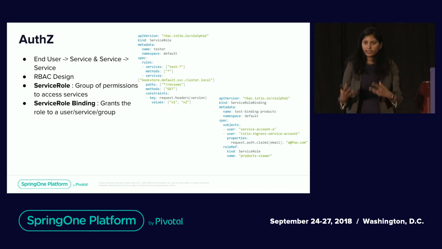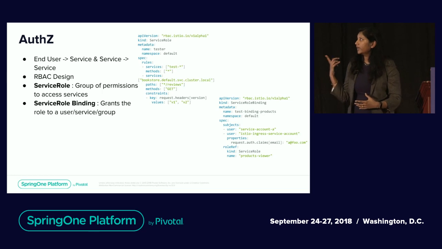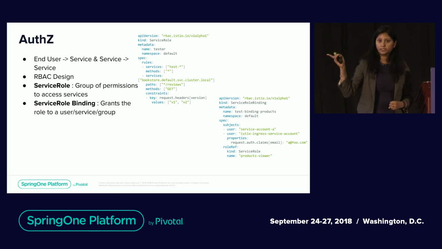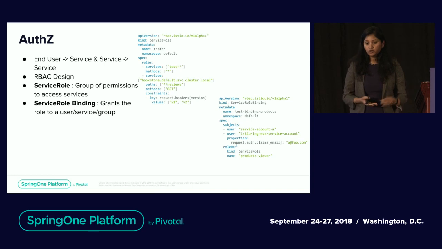So you are encapsulating that role. Over here I have an example of a role which is allowing all methods to be accessed on a certain service pattern. In Istio, you can either enumerate the services, or you can have a regular expression pattern. Both modes are supported.